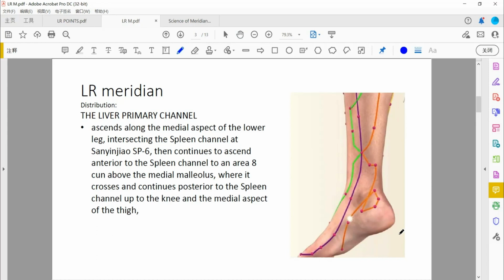Now we have finished the other two foot yin meridians. How about the orange one? What's this one? And how about the purple one?